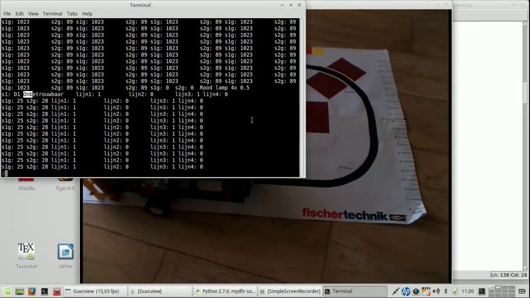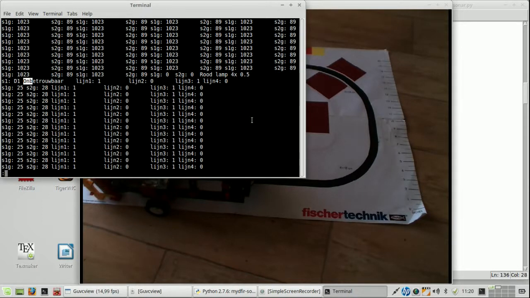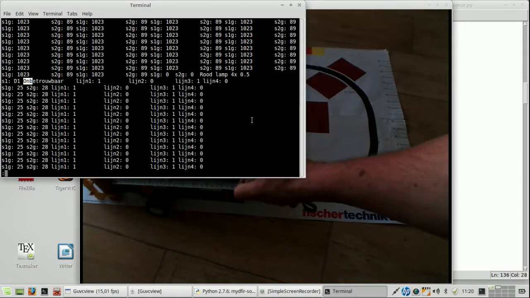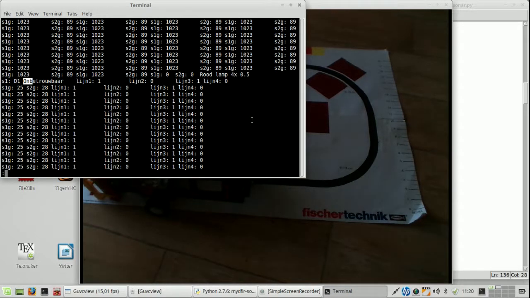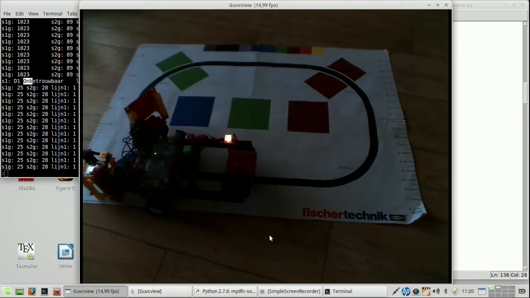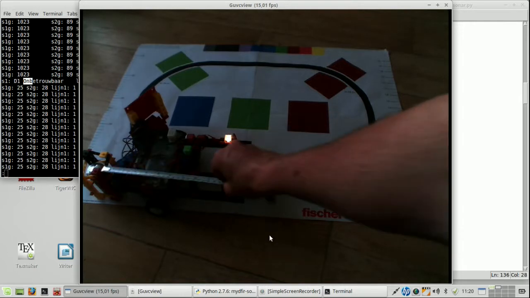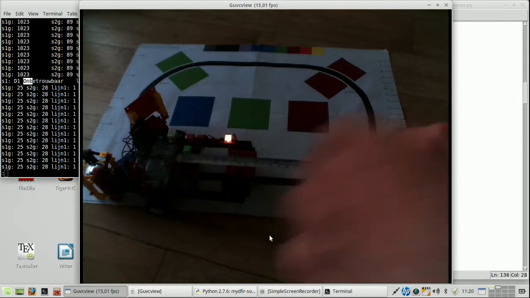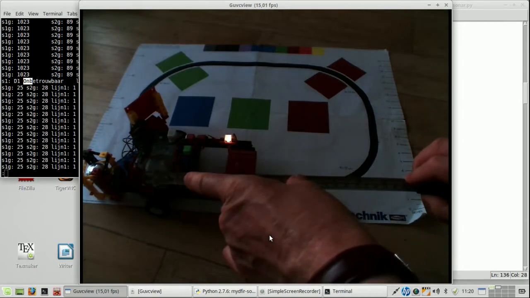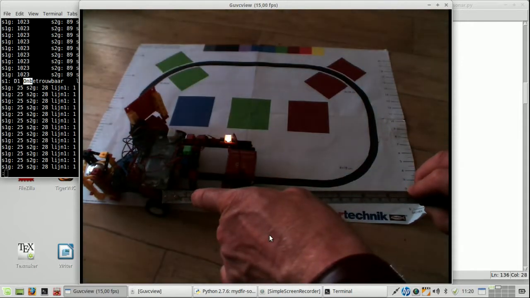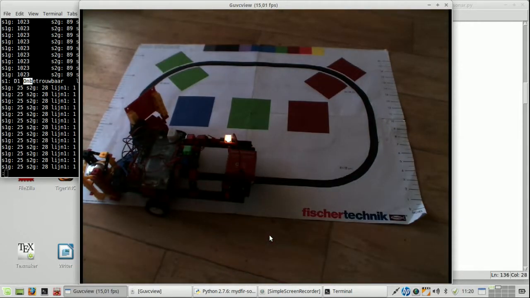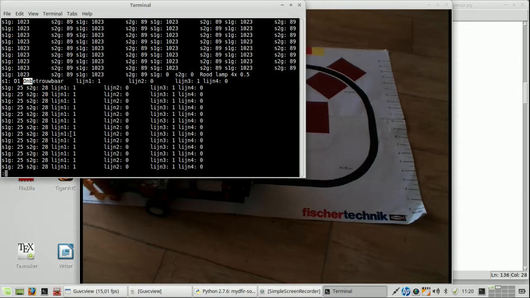So it goes all the way until D1 is unreliable. Oops, let me go in here. So it goes all the way until D1 gets unreliable, which is right here. And then it still goes on.